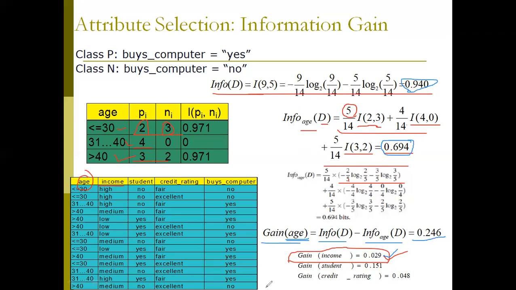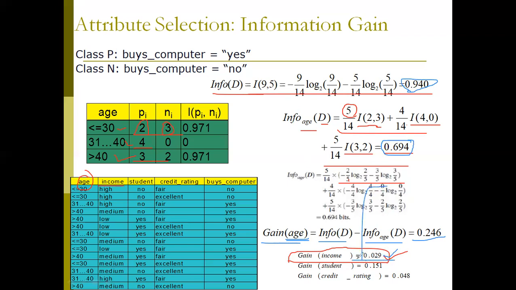Instead of age, you should use income, and after calculating, for the information gain of income you may get the result of 0.029.